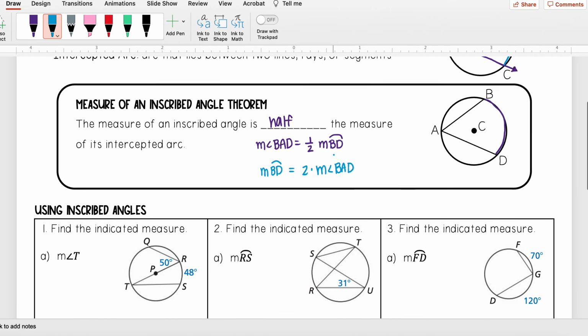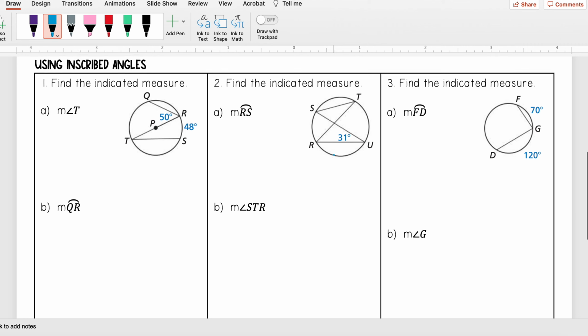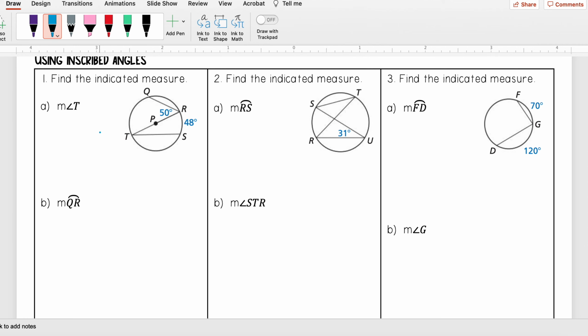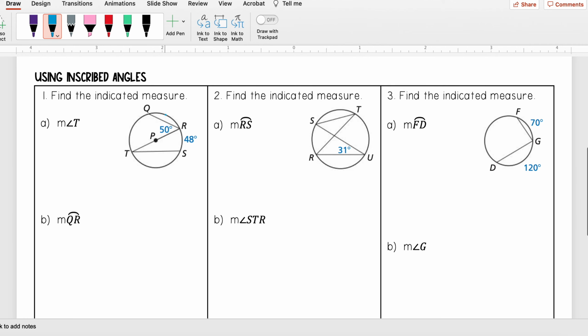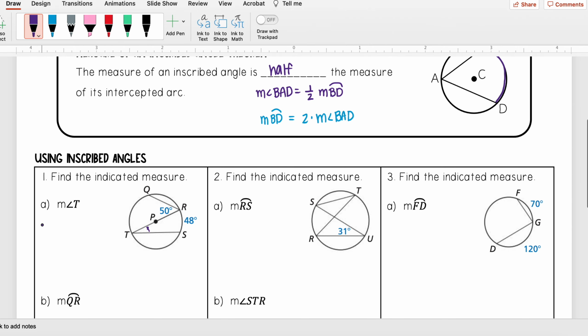So let's go through some examples of finding some of these measures. Looking at number 1, I have this circle here, and I want to find the measure of angle T. I see angle T is right here, and I know from my theorem that the measure of angle T is going to be equal to half of its intercepted arc.